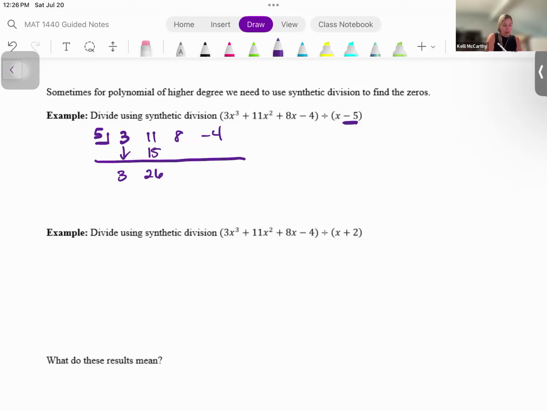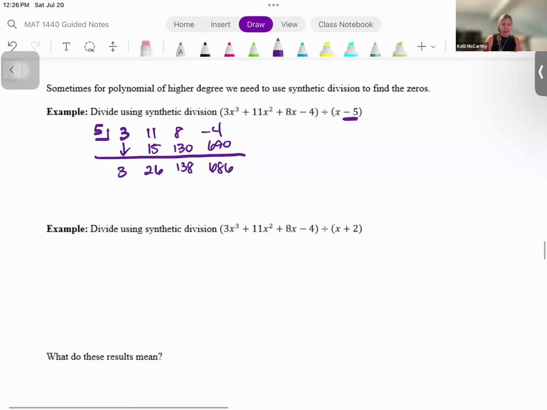And now we repeat the process. 26 times 5 is 130. 130 plus 8 is 138. 138 times 5 is 690. And 690 plus negative 4 is 686. So this is just a review of synthetic division and how we go through that process.